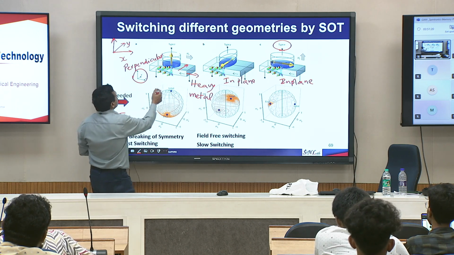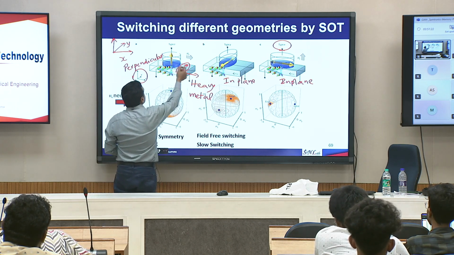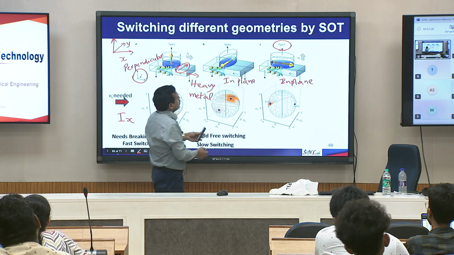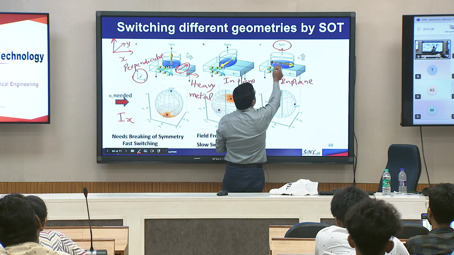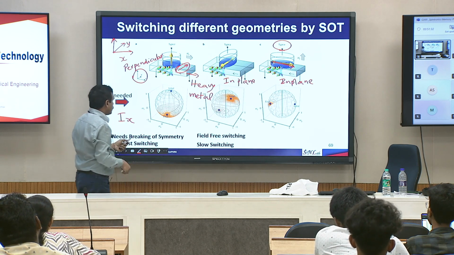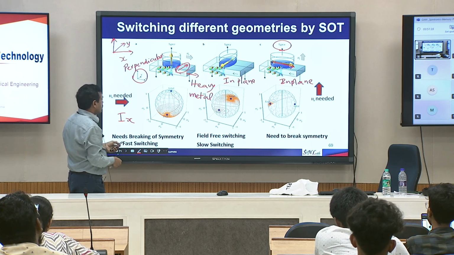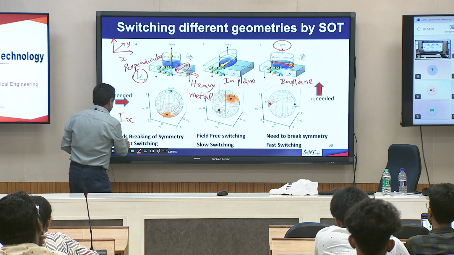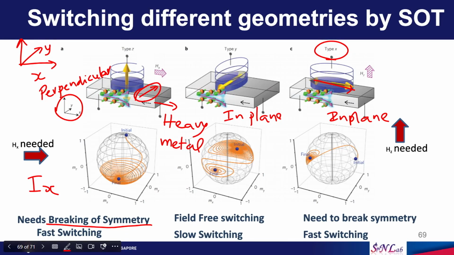But if you want these spins to switch either perpendicular magnetization or magnetization at an angle of 90 degrees with respect to this spin, usually we need to apply a certain magnetic field. We call that a symmetry breaking field. You do not need to worry too much about all these things.